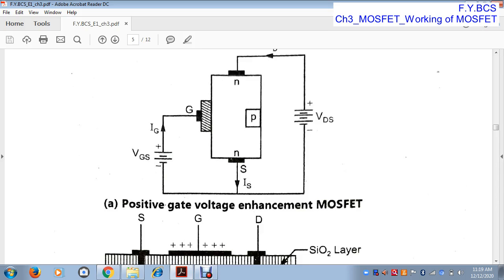Because we provide a positive supply to the gate terminal. That positive charge attracts the electrons and repels the holes. Electrons are negatively charged and holes are positively charged.